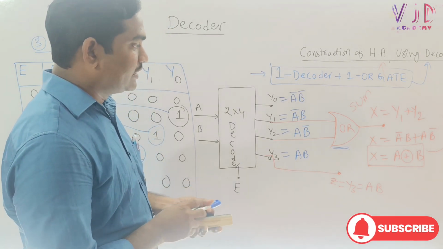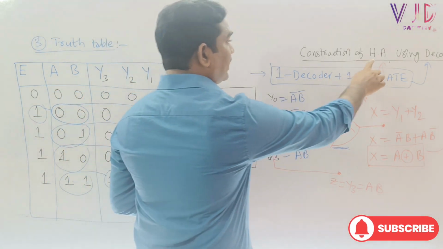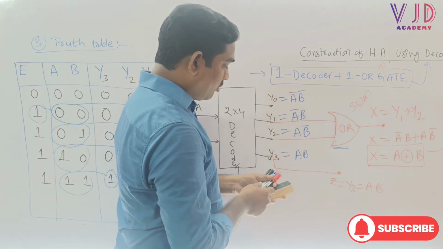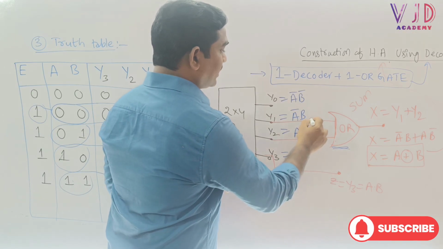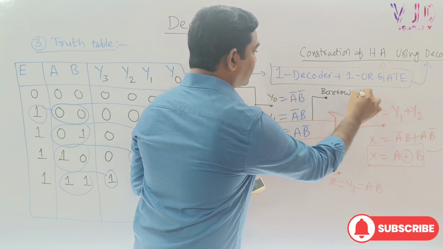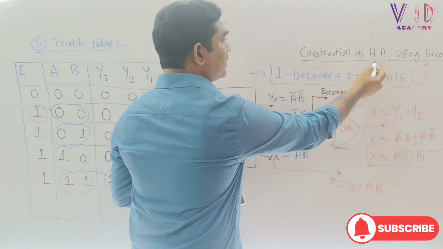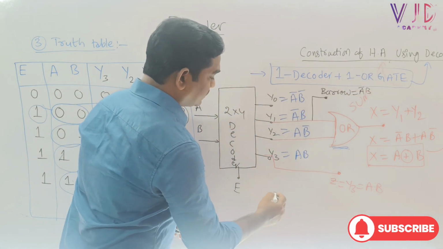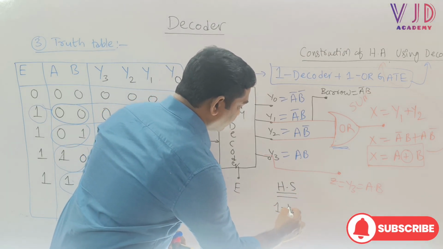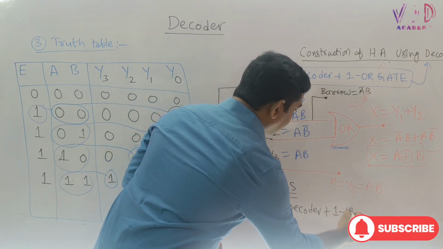Half subtractor implementation is also very easy. Compared to the half adder, the same OR gate is required for the difference, and the output can be taken from here, A into B. We can say this is the borrow output, A bar B. So even to implement a half subtractor, we need one decoder plus one OR gate.